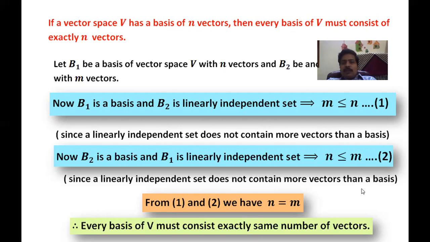Of course, they are to be linearly independent. So the problem is to find a linearly independent set with the same number, 3. In that case, you have to find 3 linearly independent colors that will form a basis. So any linearly independent set with the same number of vectors will form a basis.